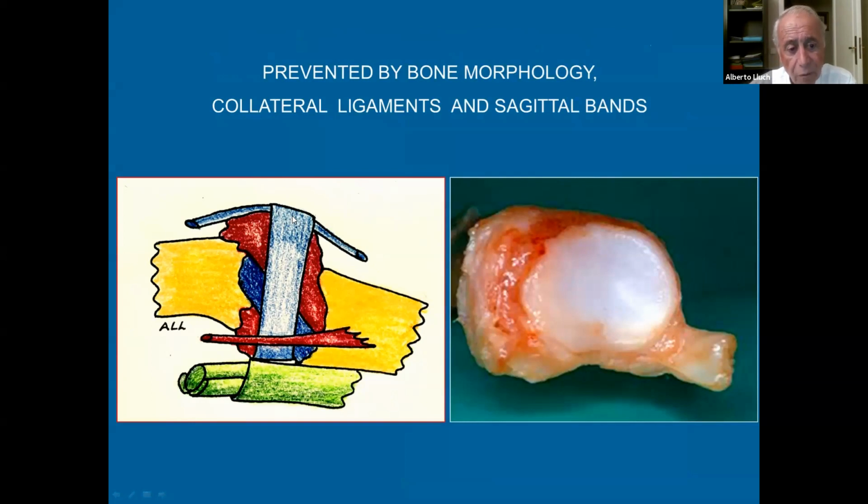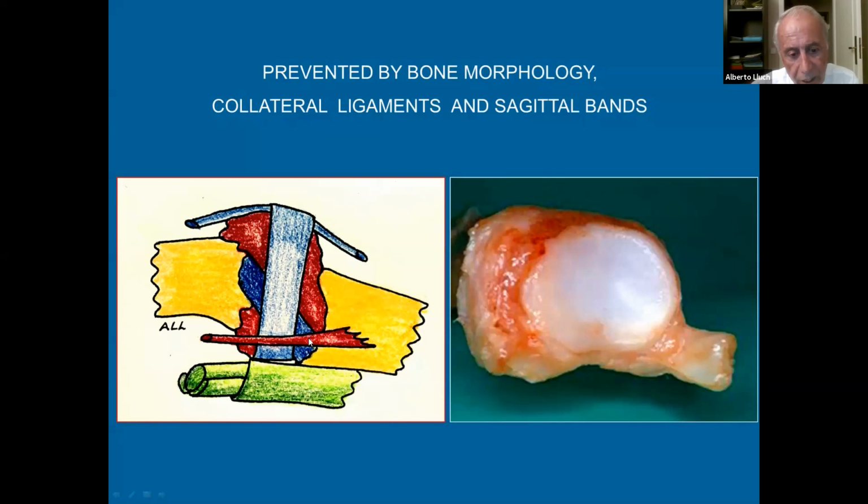If we have a synovitis from rheumatoid arthritis, synovitis is like a tumor. Rheumatoid synovitis destroys, not like other synovitis. All of them destroy a little bit, but this is highly destructive. It's like a tumor. It will elongate and destroy the sagittal bands, and you will see it here.